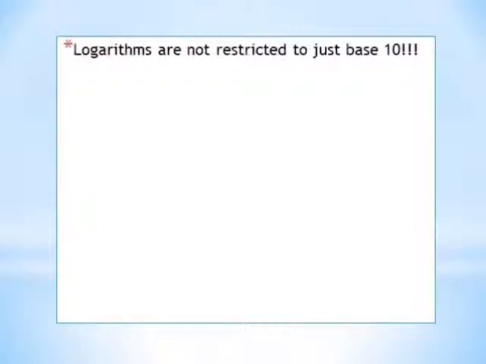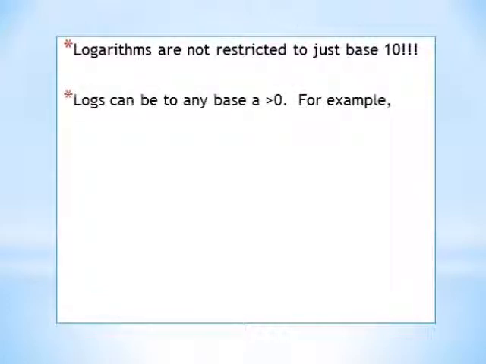But logarithms are not restricted to just base 10, even though we may have given that impression in our previous presentations for simplicity. It's really possible to have logarithms to any base a, as long as the base is a positive number. So for example, logarithm to the base 2 of 16 equals 4, because 16 can be written as 2 to the 4.